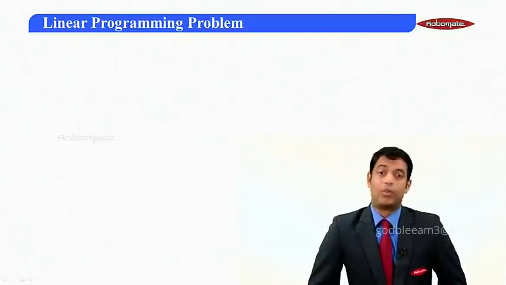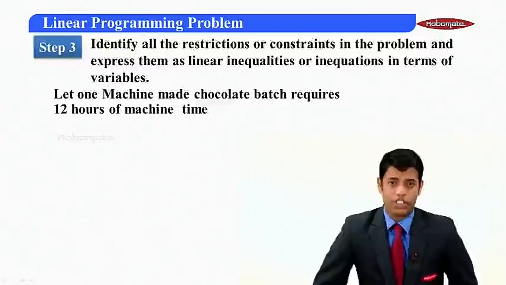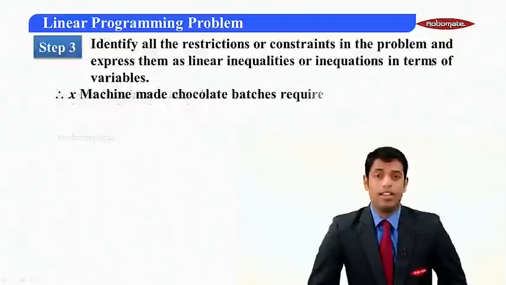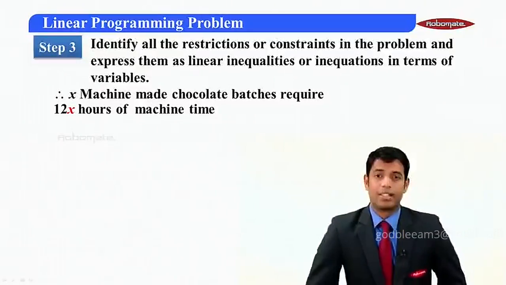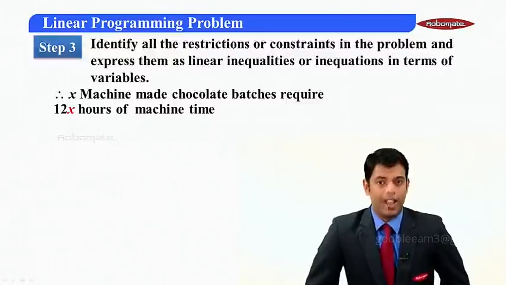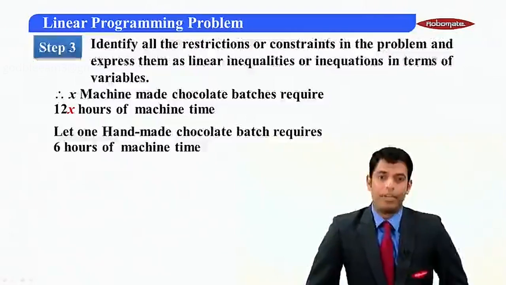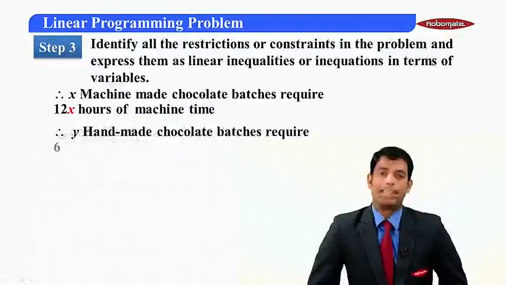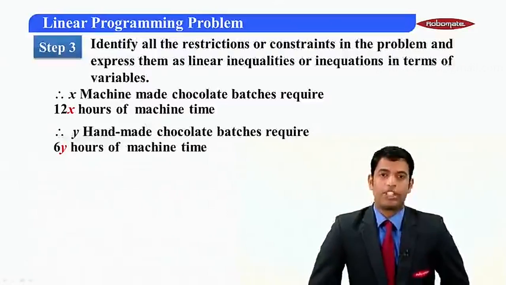We will calculate one more constraint. Suppose that one machine-made chocolate batch requires 12 hours of machine time, and therefore x such batches require 12 into x hours of machine time. Similarly, if one handmade chocolate batch requires 6 hours of machine time, y such batches require 6 into y hours of machine time.